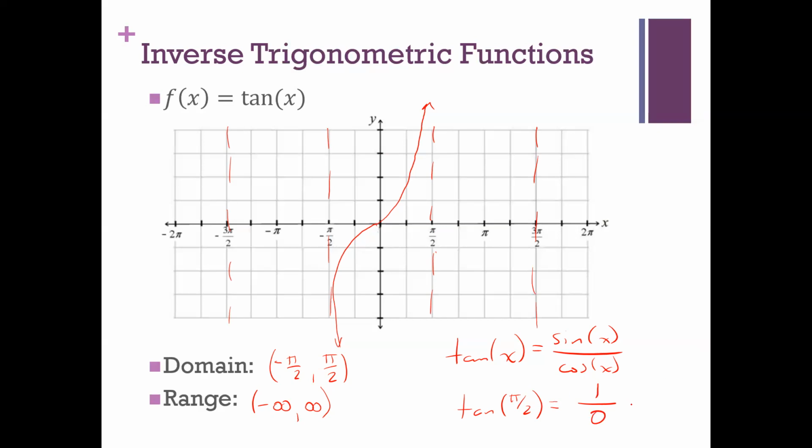So that is why there's a problem. Yeah, that's why the tangent function is undefined at those intervals, and basically everywhere the cosine of the argument is equal to 0. Anything else?